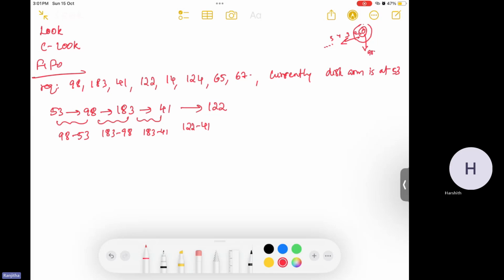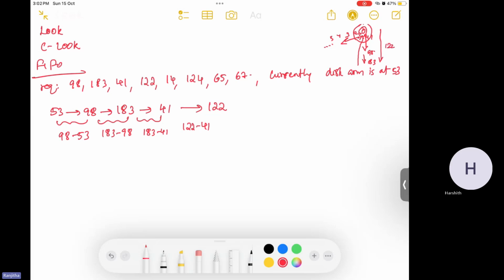Then from 98, the head has to further come backward and read 183. Now from 183, we are going forward to 41. Then from 41, again we are coming backward to read 122.